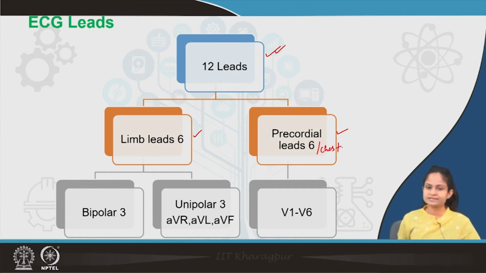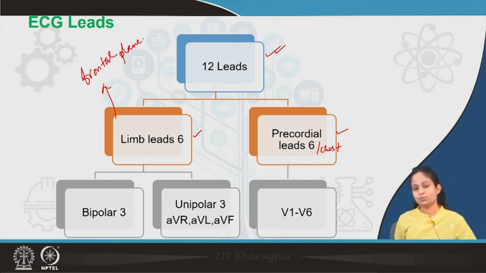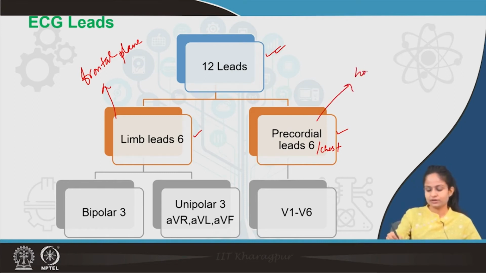Now, the limb leads usually measure the electrical activity of the heart based on the frontal plane or coronal plane, that is, they are measuring from the front. But the chest leads usually measure the electrical activity from the horizontal plane.